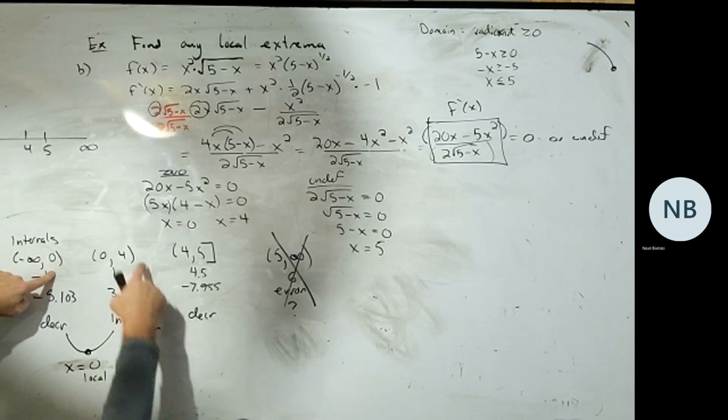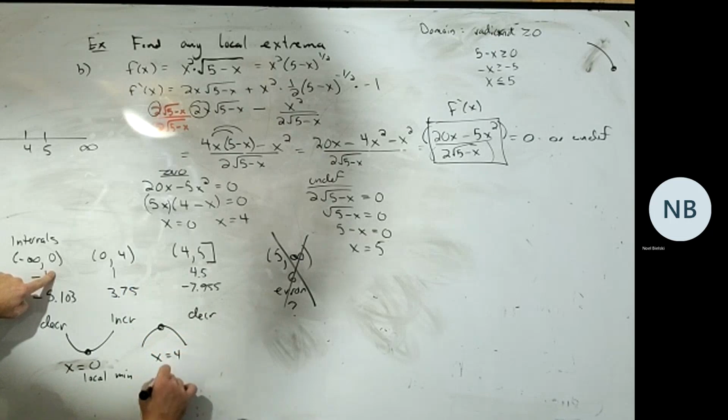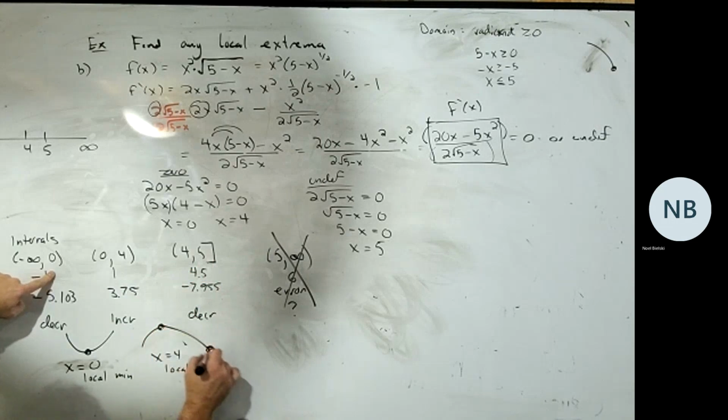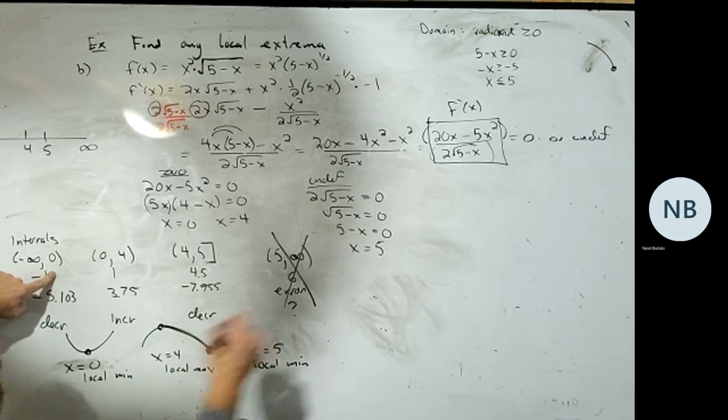Here it increases before 4, and then it decreases after 4. So x equals 4 is going to be a local max. And remember, 5 is an endpoint. This thing is going to decrease to 5. Since it decreases to 5, that means x equals 5 is a local min.